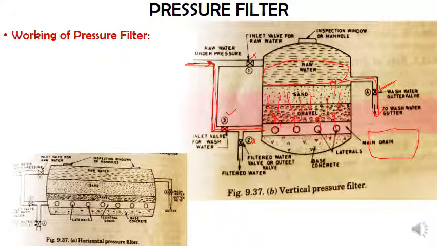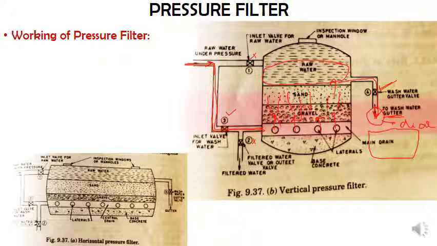And one more thing I'd like to clarify. This wash water goes to the gutter, that is, open drains, where we usually discharge it. We do this backwashing until the water over here is completely clear. In the previous case, apart from regular working and backwashing, we had an intermediate step where the water was taken out through valve 3 in the previous figure.